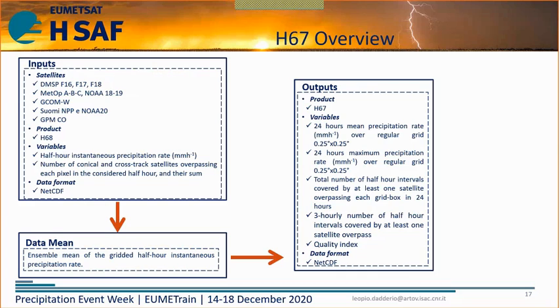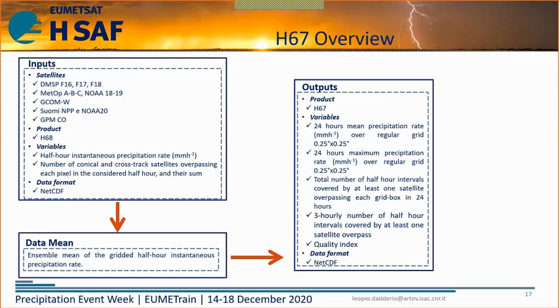After the ensemble mean of the gridded half-hour instantaneous precipitation rate, the output variables that H67 provides are the 24 hours mean precipitation rate, the 24 hours maximum precipitation rate, the total number of half hours covered by at least one satellite, and the 3 hourly number of half-hour intervals covered by at least one satellite, and also the quality index of the data.